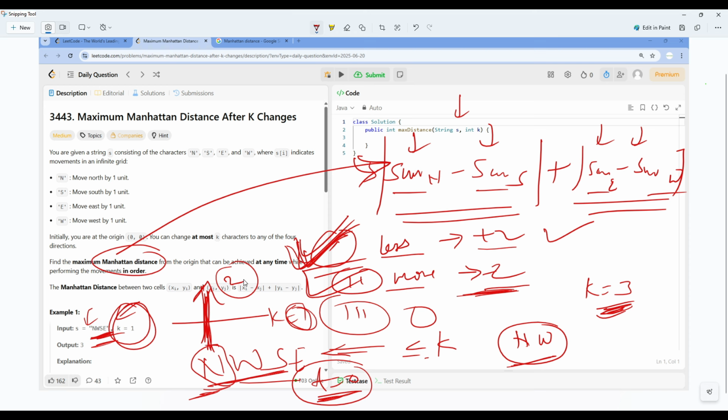Since the question asks for the maximum Manhattan distance from the origin at any moment during the execution of all the movement operations in order, these steps must be carried out during a traversal of the string, and we must track and return the maximum value encountered.